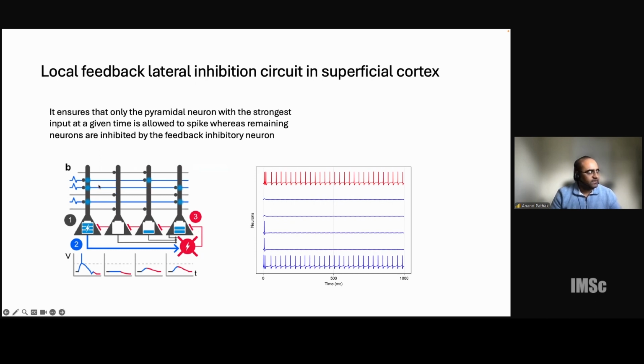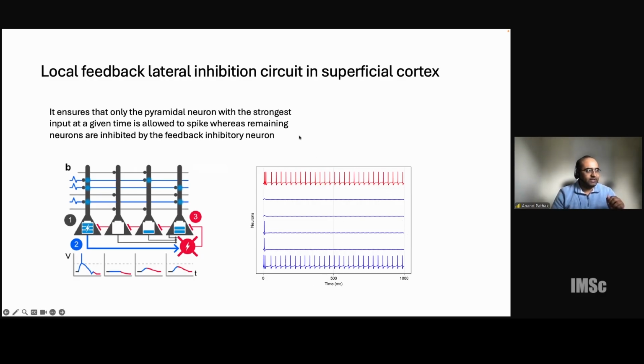So what happens is, when all of them get an input, and you can see that there are different synaptic connections, for a given firing pattern, one or some of them will have a higher firing rate than the others, and that one will win, and then that will inhibit all others. So it's a lateral inhibition mechanism, also called winner take all.